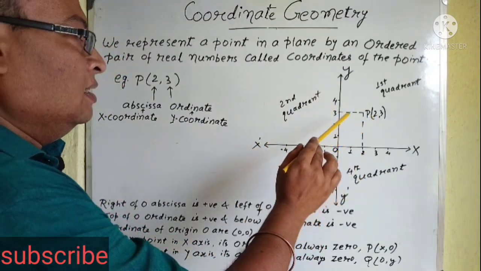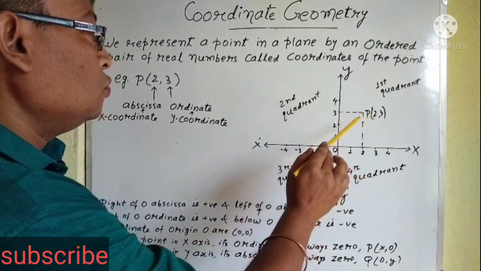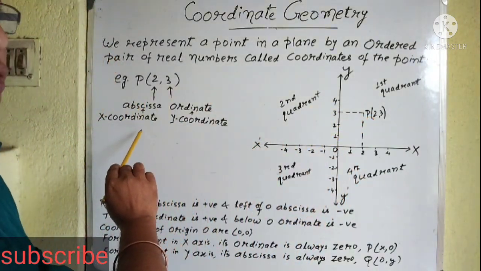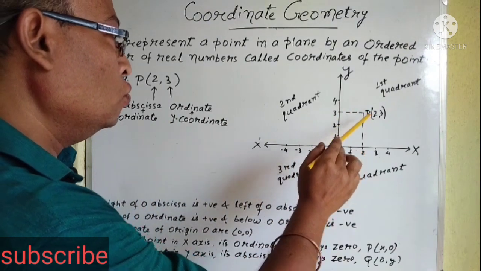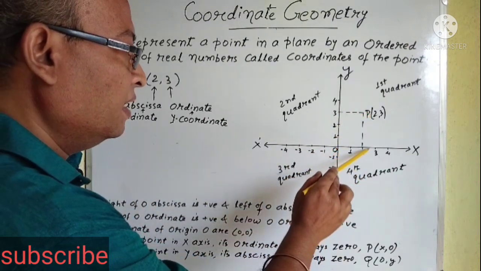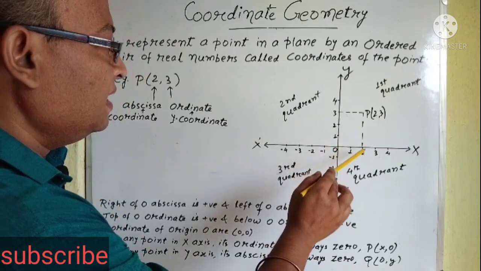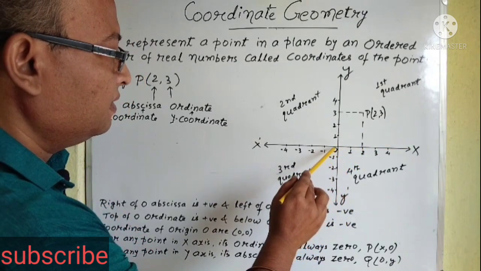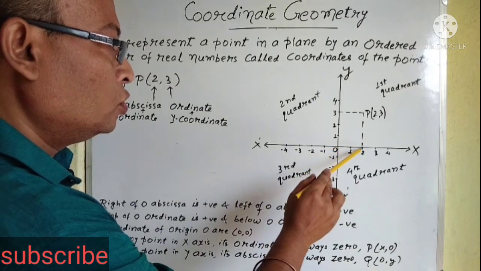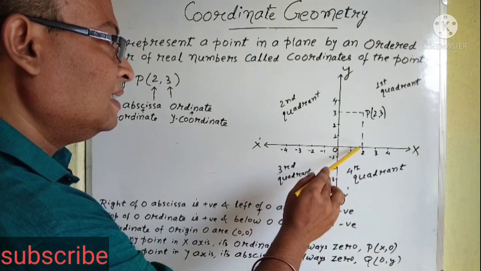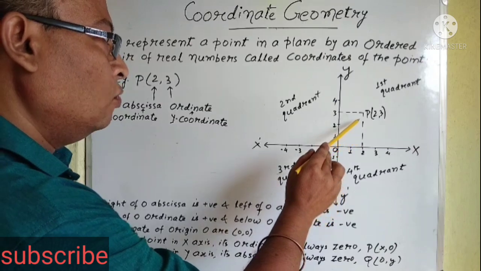Now see, your 2 is what? 2 is your x coordinate. That means you have to look for 2 over here in x. So where is x? See, this is the origin, means 0, 0. So 1, 2. So 2 is over here. Now I will extend a dotted straight line over here.